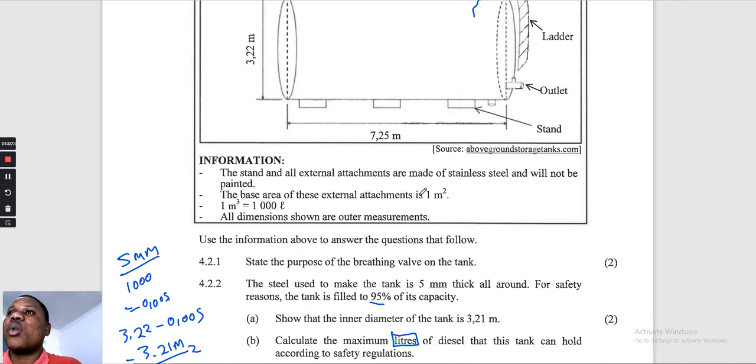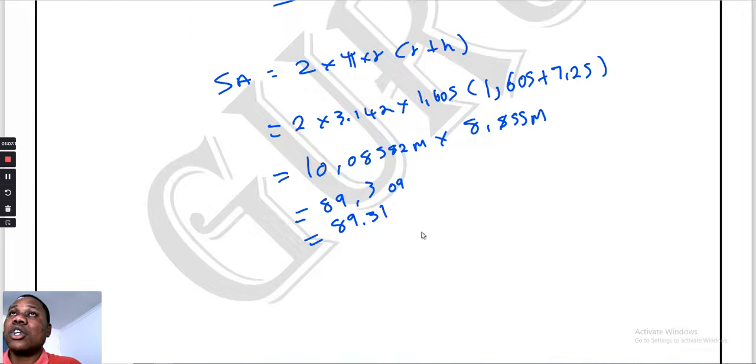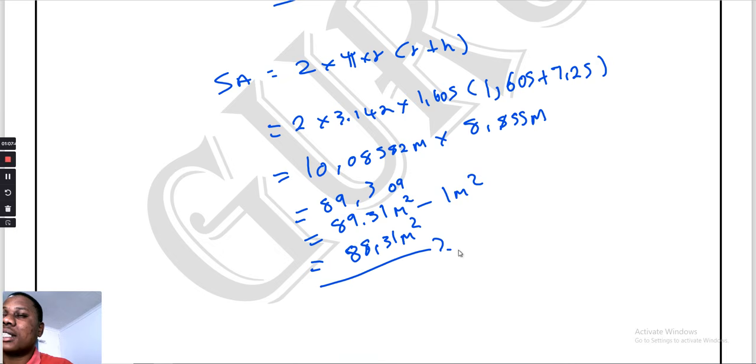But now we have to exclude the base area of the external attachment, so we subtract 1 meter squared, because it's made of stainless steel and doesn't need to be painted. So we get 88.31 meter squared.